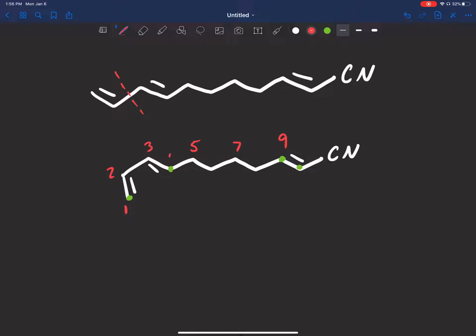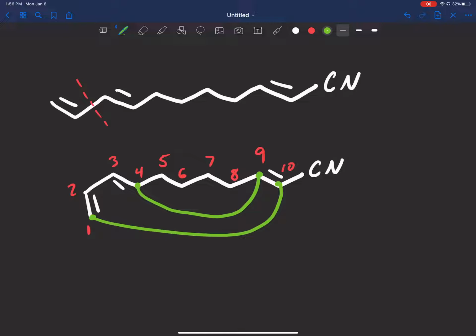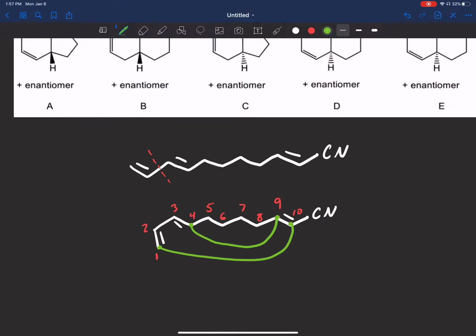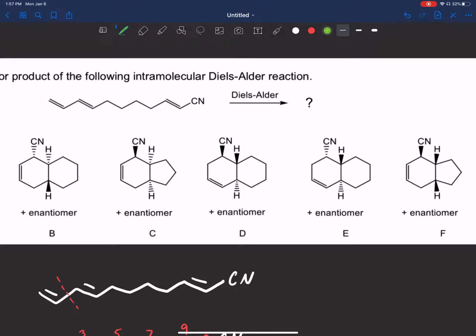So this is going to be carbon 4, 6, 8, and this is 10. I'm going to connect 4 to 9, and 1 to 10. The reason I did this is because it always helps me see the rings we're going to form. You're going to form a ring from your regular Diels-Alder, but because there's a chain connecting the diene and dienophile, we're going to have two rings, and you could probably have figured that out just because of the answer choices.